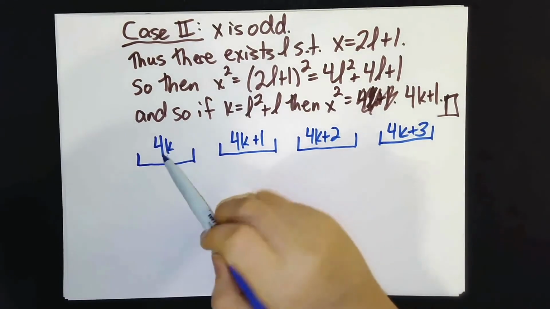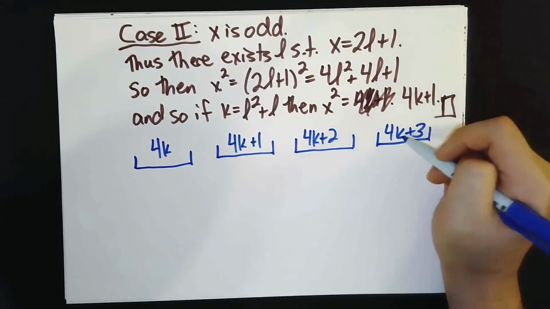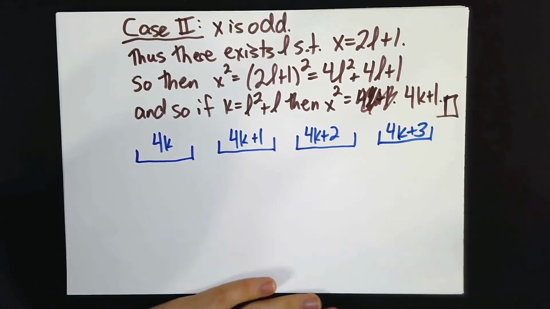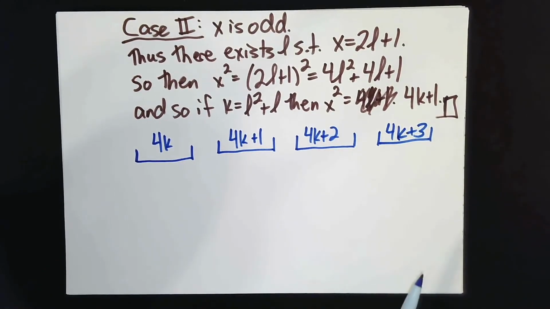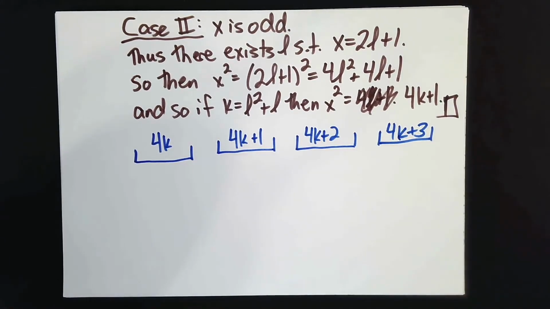That is, is x in the 4k bucket, the 4k plus 1 bucket, the 4k plus 2 bucket, or the 4k plus 3 bucket? And in fact, that works too. You can, instead of breaking into 2 cases, like even and odd, break into 4 cases, which would be these, and then everything also works out. So certainly there are lots and lots of different ways to prove the same thing, and you only have to find one of them, and once you've found one of them, you know the thing is true.